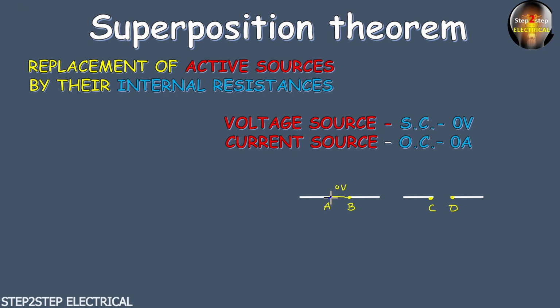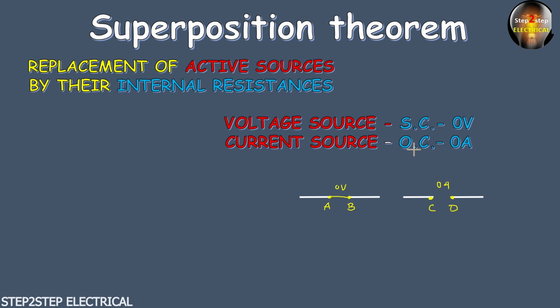It means a short circuit replaces the voltage source. While a current source provides current to the circuit, after replacement it must not provide the current. If you keep it open, with terminals C and D open circuited, does the current flow? No, there is no current flow, so 0 ampere. That's why the voltage source is replaced by a short circuit and the current source is replaced by an open circuit.